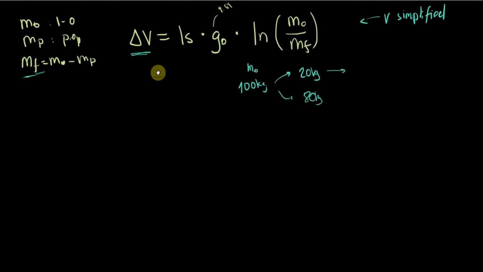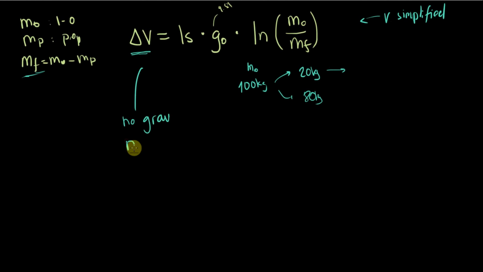Another thing is that the analytical solutions to the trajectory the rocket has are really simplified. This is super simplified. This is no gravity, no drag. This is extremely simplified.